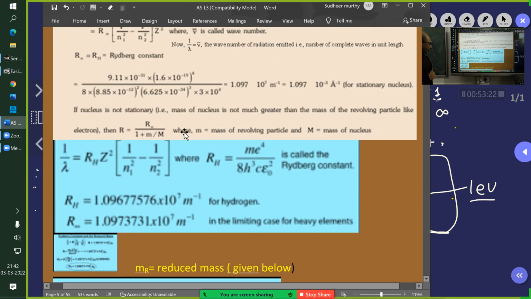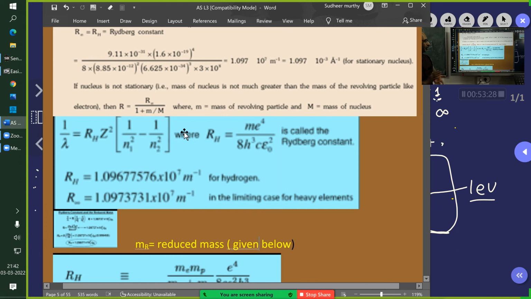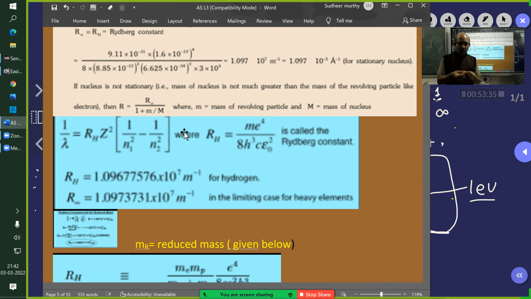Sir, why does it change? Why does it change for heavy elements? For hydrogen there is only one proton and one electron. So whatever is happening there, it is a system.